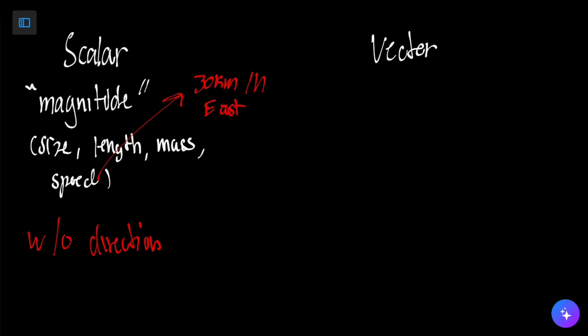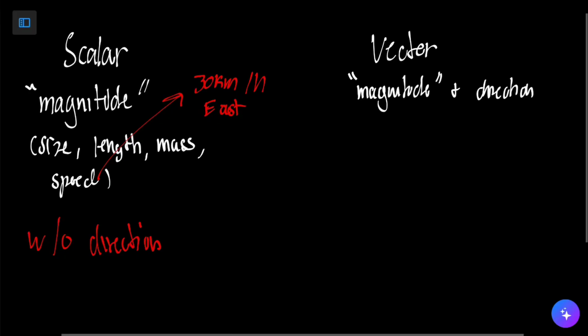So with that, we know that vector quantities are measurements of magnitude and directionality. Vector quantities are just measurements of magnitude with direction. An example of that is what we call velocity.